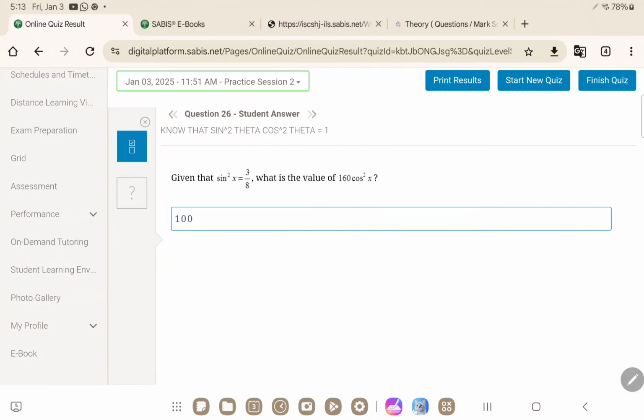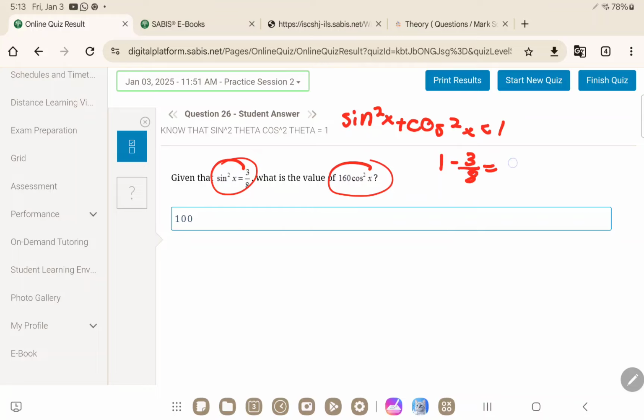Here they gave us that sine squared x was 3 over 8, and they want the value of 160 cosine squared x. So to find the cosine squared x, we need to do 1, because sine squared x plus cosine squared x equals 1. So 1 minus 3 over 8 gives us cosine squared x.